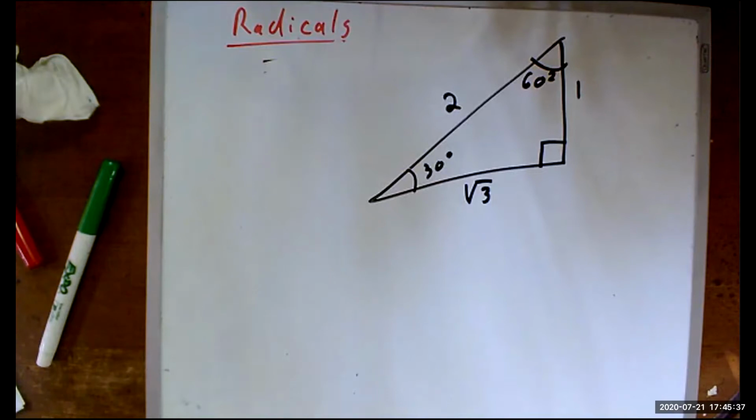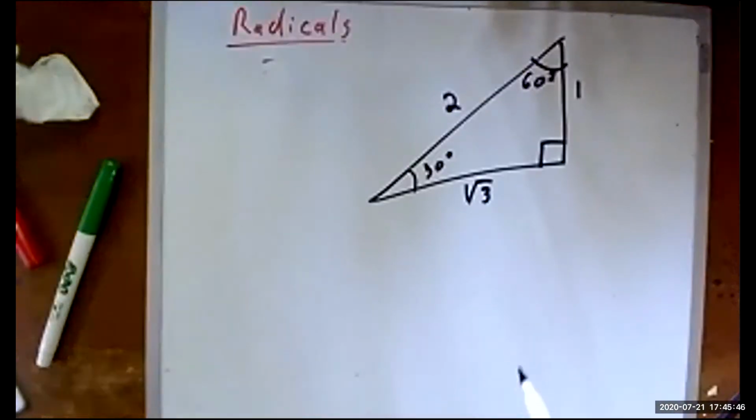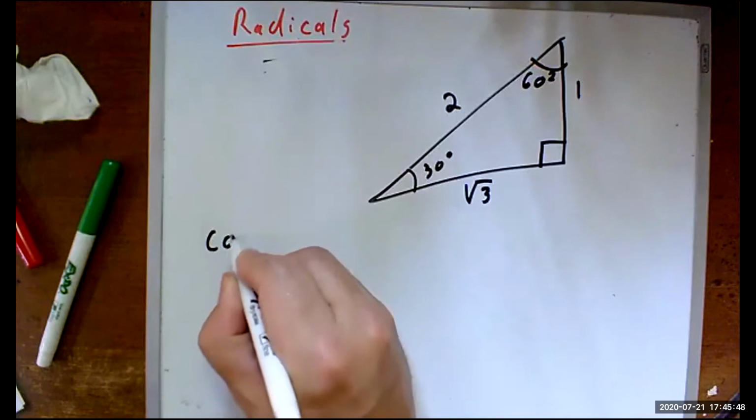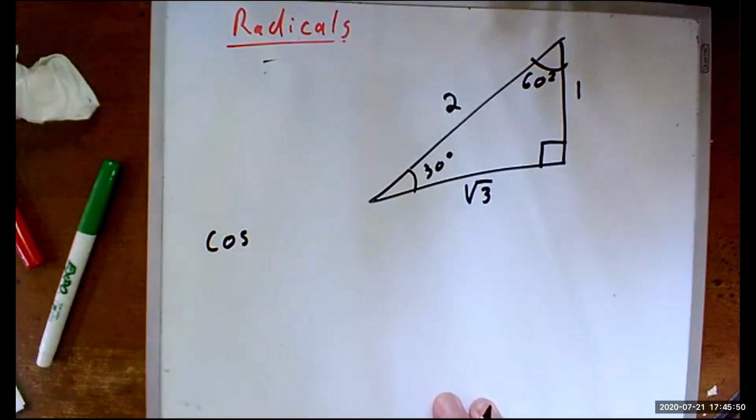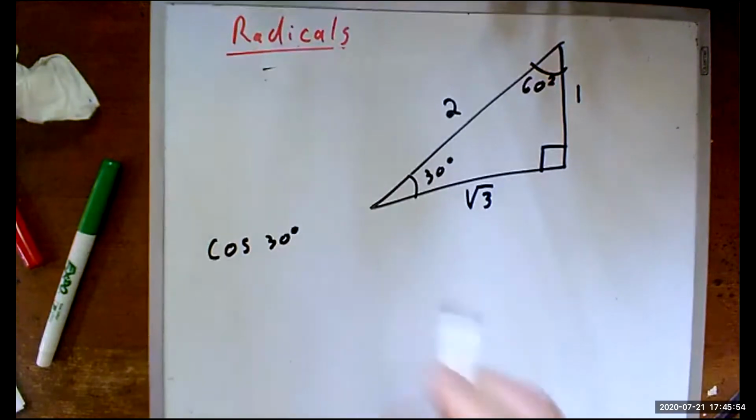Yes. Okay, so that's our special triangle. We end up with this root 3. So if you're dealing with, just for a quick example, cosine of 30 degrees.